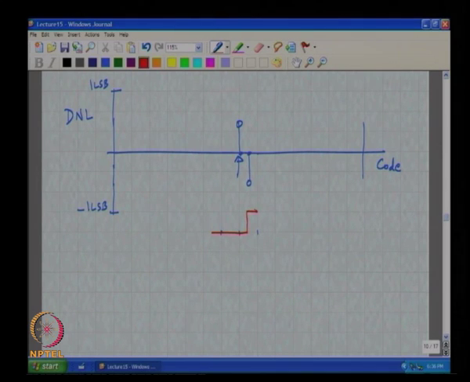So, the characteristic is something like this. You understand? If by chance you see somewhere in the DNL plot a minus 1 LSB, you know that that code is missing. What if the DNL becomes more than plus 1 LSB?